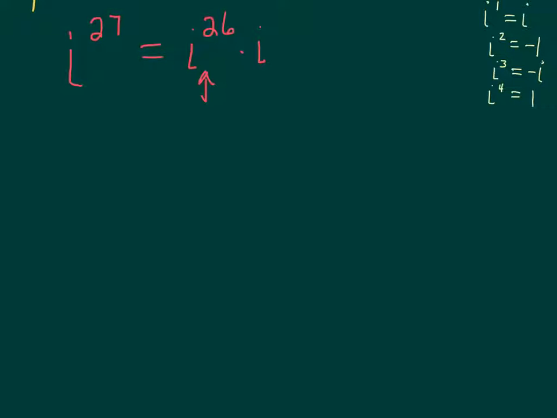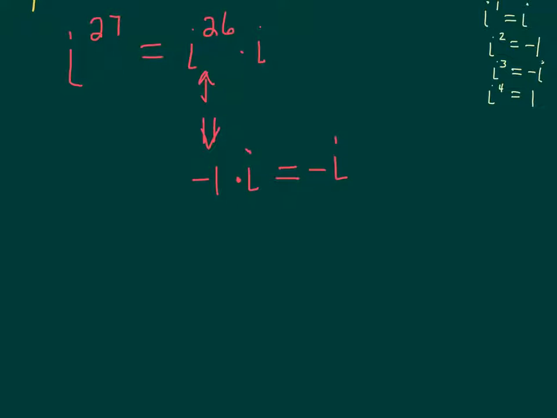And we can determine that based on whether or not the exponent is divisible by 4. Since 26 is not evenly divisible by 4, it can't be a positive 1, so it has to be a negative 1. So i to the 26th equals negative 1 times the i that we pulled out, which gives us a negative i.